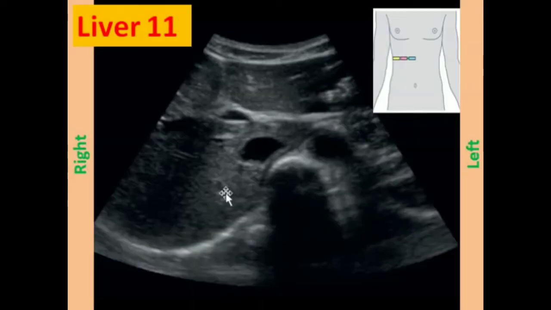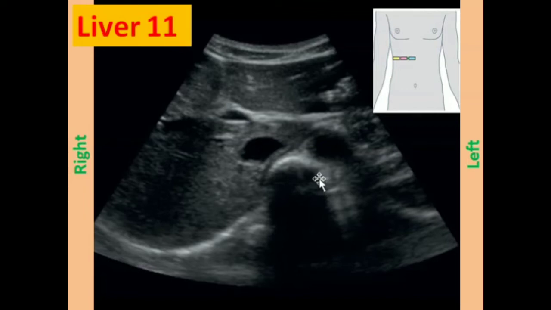In this image, the liver is imaged in the transverse plane. The probe is in the midline. At the bottom, the bodies of the lumbar vertebrae are viewed. The anterior surface of each bone appears as a convex hyperechoic arc.